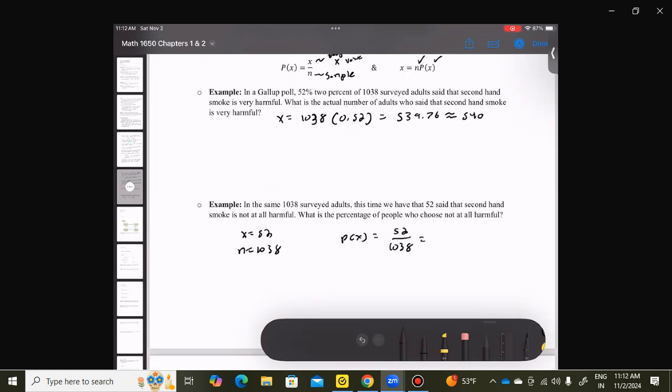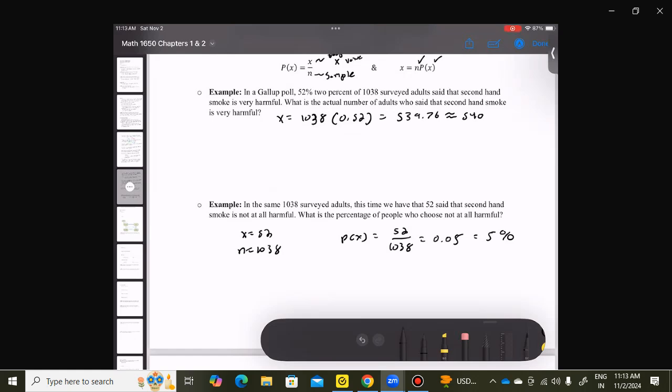You get 0.05 or 5%. Okay. Remember, to get a decimal into a percentage, you multiply by 100 or move the decimal 2 spots. If you want to get a percentage into a decimal, divide it by 100 and move the decimal 2 spots. Remember, for proportions and probabilities, we're looking at the percentages as a decimal under 1.